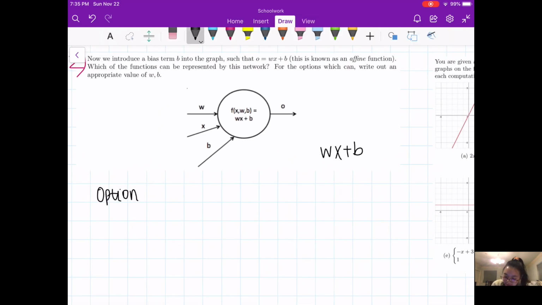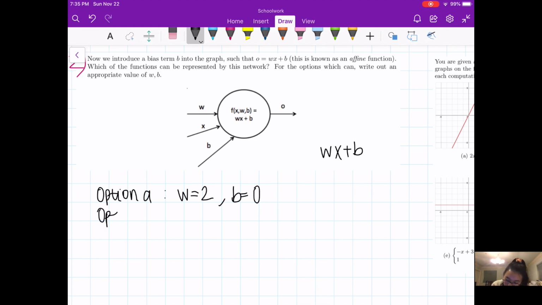Cool. So here we have option A, and we still want W to be 2 to get that 2x, but now we want B to be equal to 0 because we are not shifting that function.